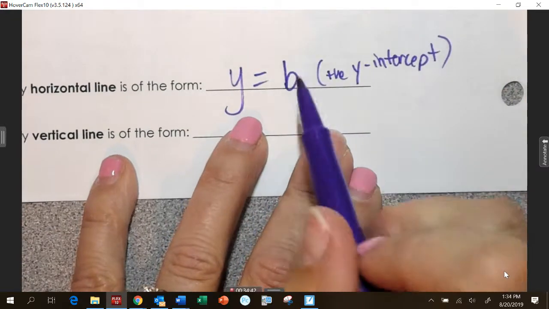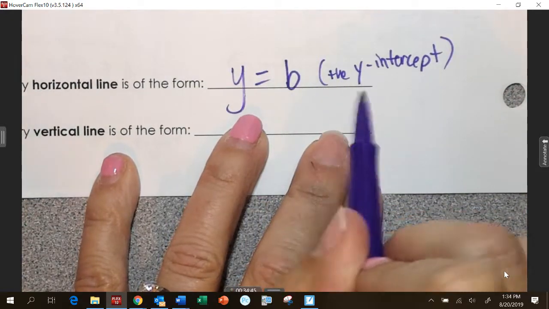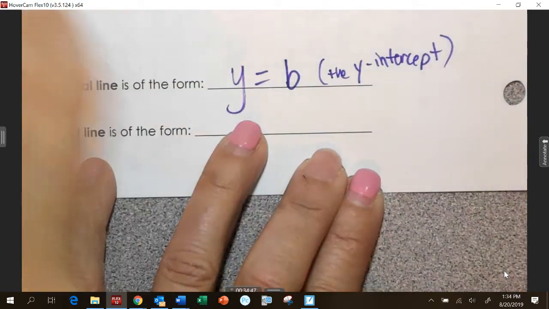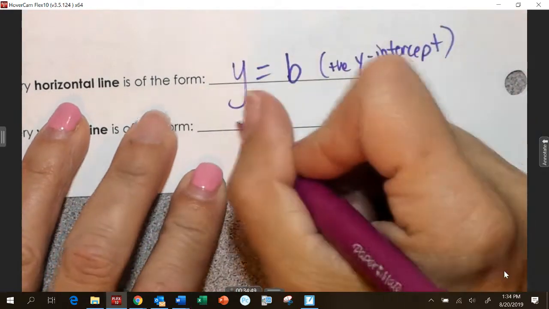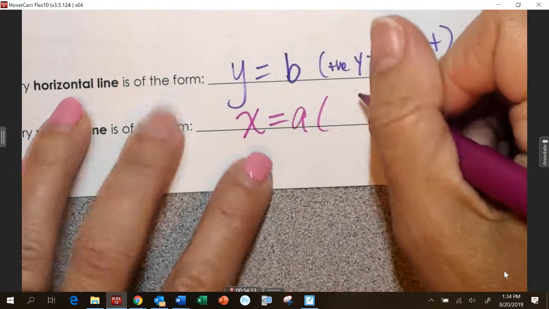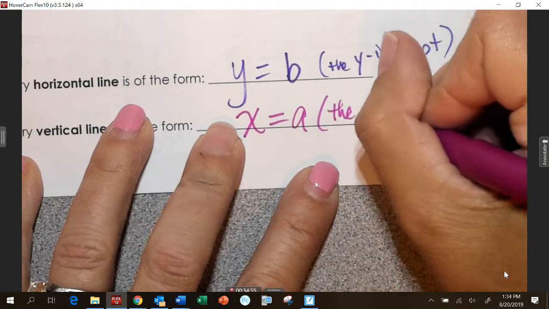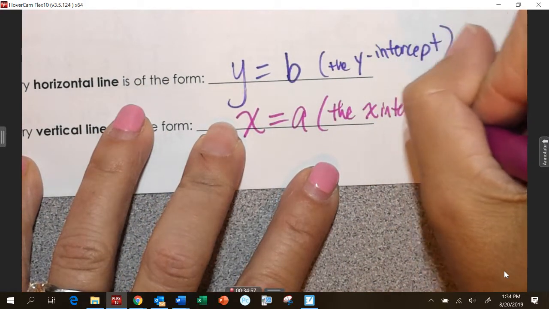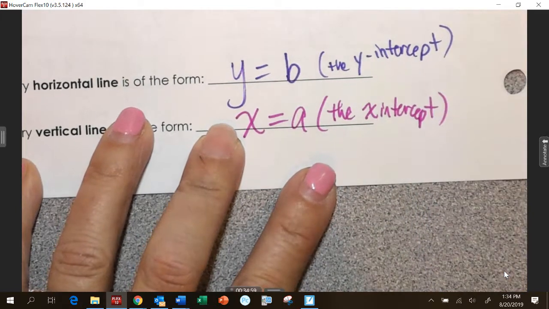Oh, I'm sorry, I was off the screen a little bit. y equals some number. And if it is a vertical line, it is always, always, always x equals some number. I'm just going to call it a. But that's going to be the x-intercept. That's where it crosses the x-axis.